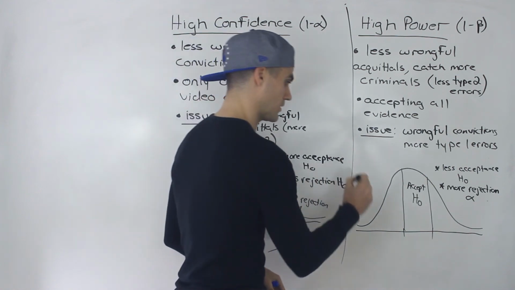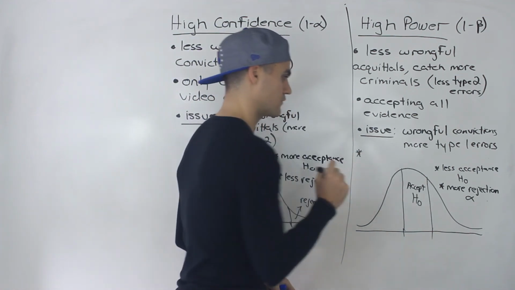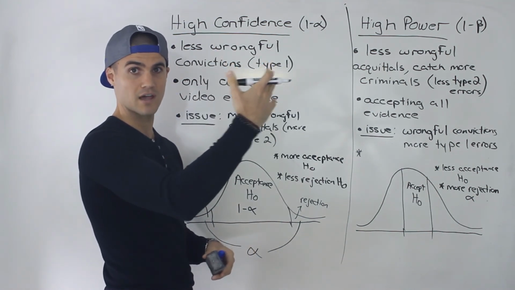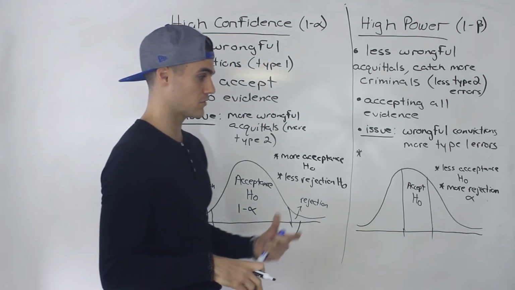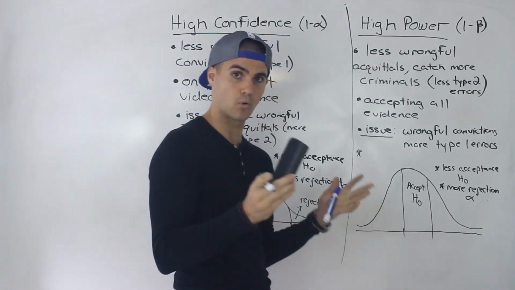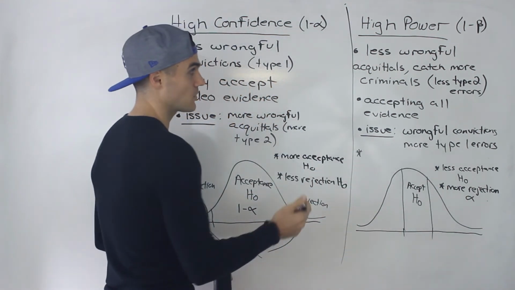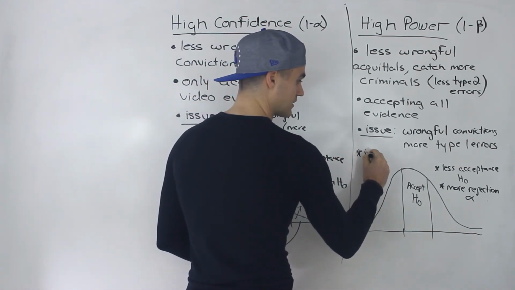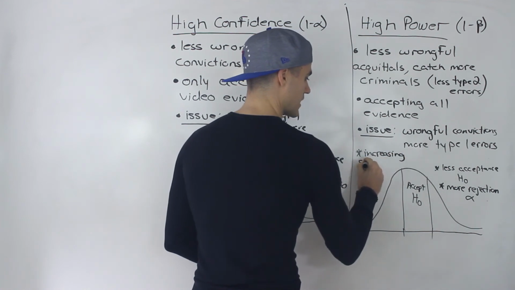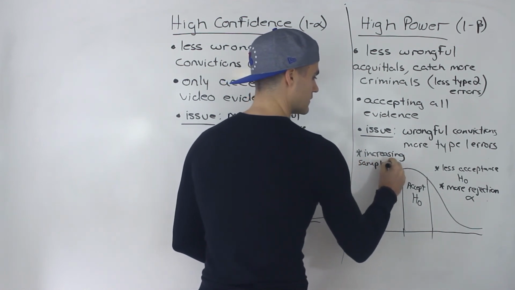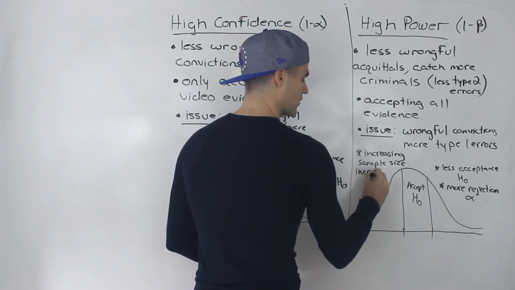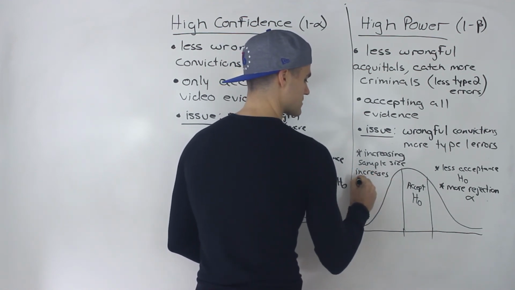And actually, what I want to bring back from the previous video, if you remember, is that increasing the sample size does the same thing. Remember, when we increase the sample size, that acceptance region gets more and more narrow. And so actually increasing sample size increases power of a test.